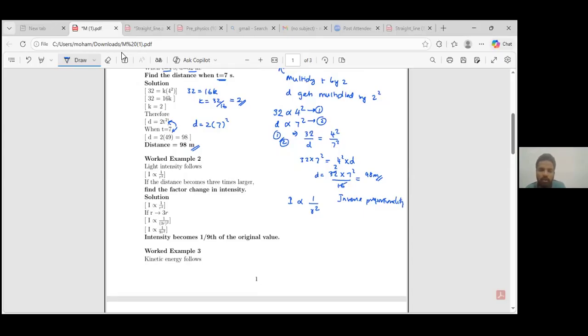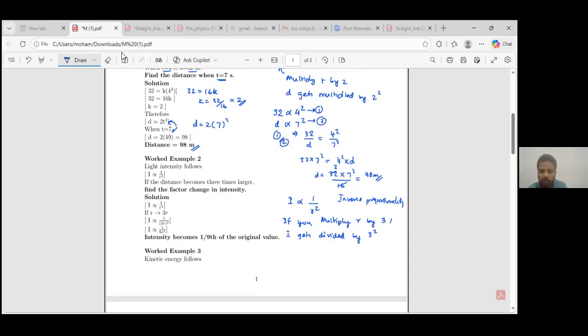So what happens is when you multiply r by a certain factor, I gets divided by a certain factor. For example, in this question they've asked if the distance becomes 3 times larger. So you're multiplying r by 3. If you multiply r by 3, I gets divided by the square of 3, because it's 1 over r squared.